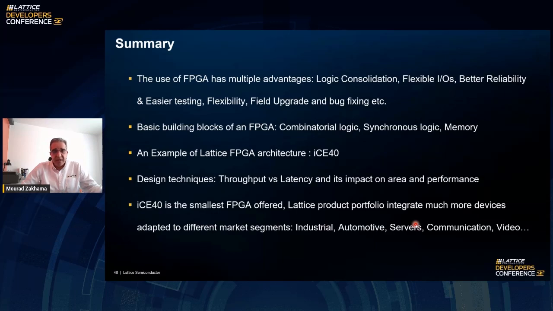These are advantages that could not be available with discrete components. We've also seen the basic building blocks for an FPGA, in terms of combinatorial logic, synchronous logic, how they are built, and the memory blocks and how they are used to construct logic. We had an example of the Lattice FPGA architecture, iCE40, and we've covered some design techniques in terms of throughput versus latency and the impact on performance and area of the design.